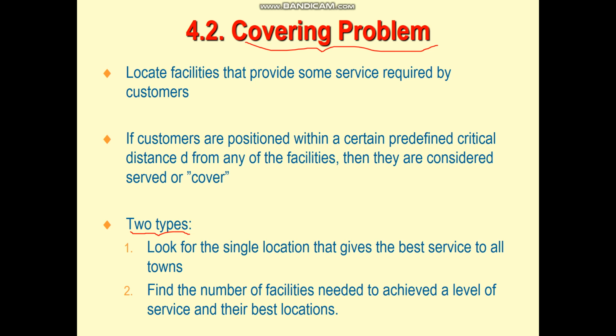The first one is to look for the single location that gives the best service to all the towns or customers. Going back to the example I told you earlier, locate a restaurant so that I can serve all the customers, the students or people in IU and in the University of Technology, so I want to determine the location of the restaurant so that I can serve them in the shortest time.